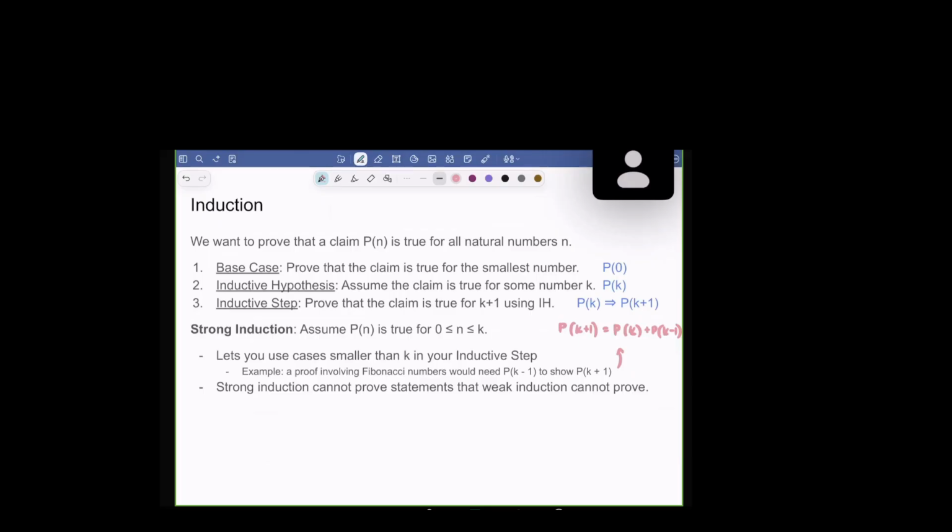But in this case, you also have to make another claim that the remaining factor that we separated out from P of k plus 1 to get P of k is also valid, right? Because usually we can't just magically make P of k plus 1 into P of k and call it a day. We also have to account for that other factor. I'll talk more about this in an example. It's easier to demonstrate there. Any other questions?